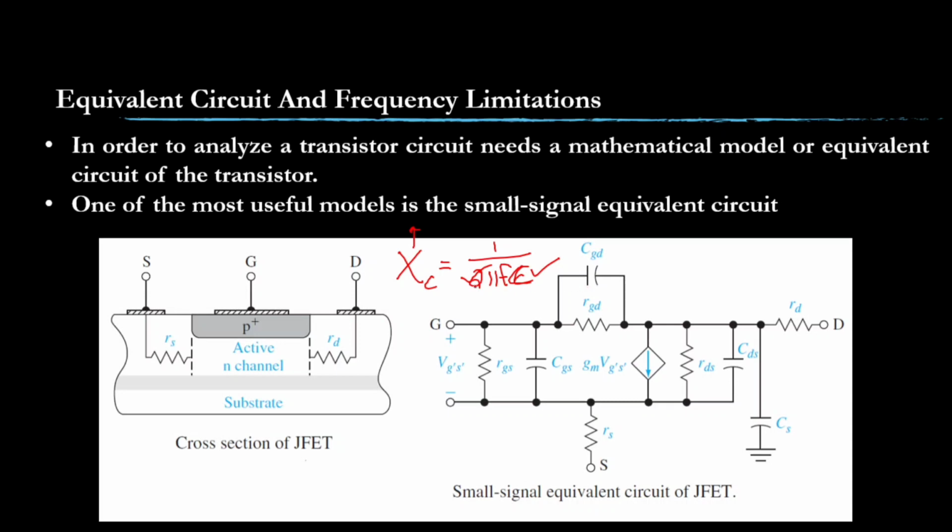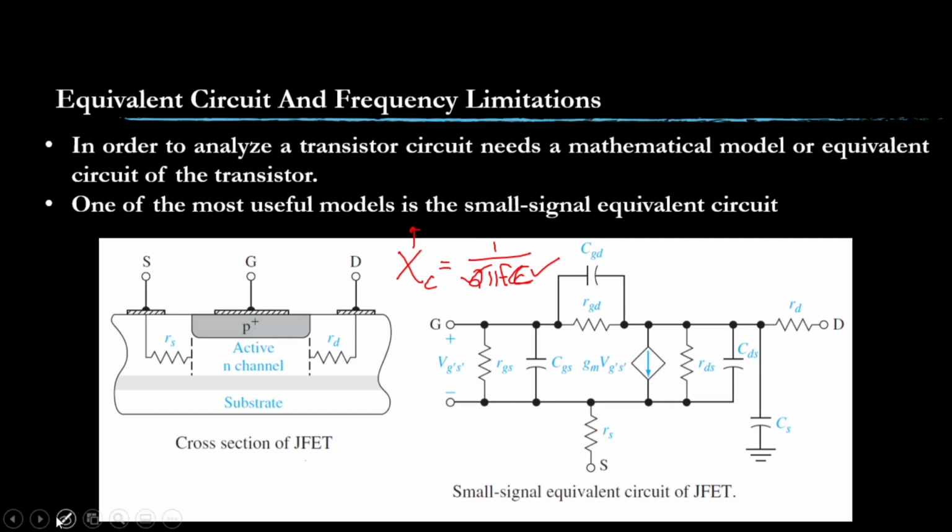From this equation, at low frequency, I can say it is an open circuit. That means there is no current flow through the capacitor, because it offers almost infinite resistance. So, I can consider it as an open circuit. And the diffusion resistances and everything will be an open circuit in the low frequency concept.